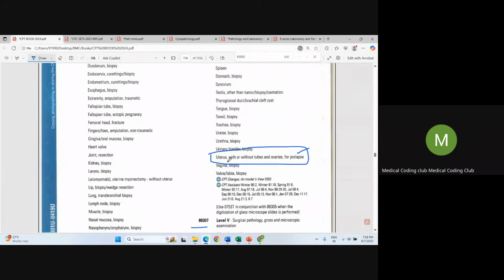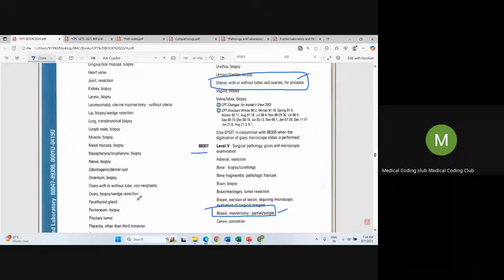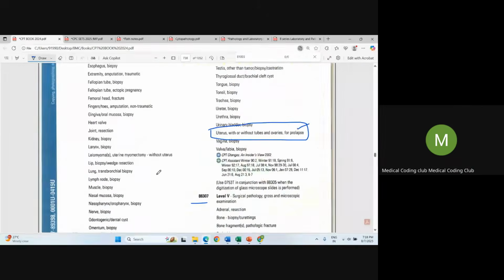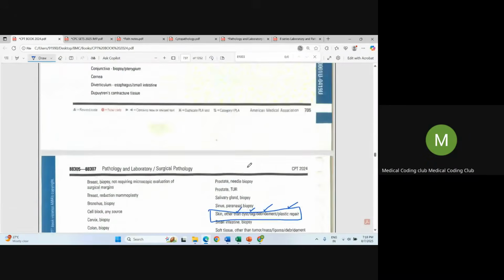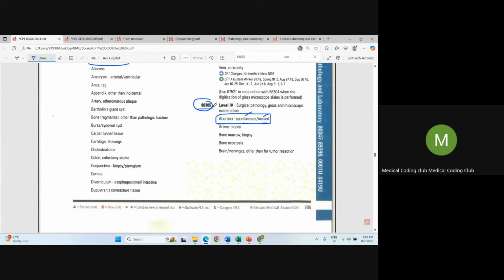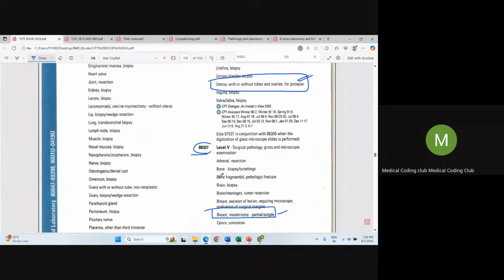The code for uterus for prolapse is 88305. And then look under another level, check under 88307.